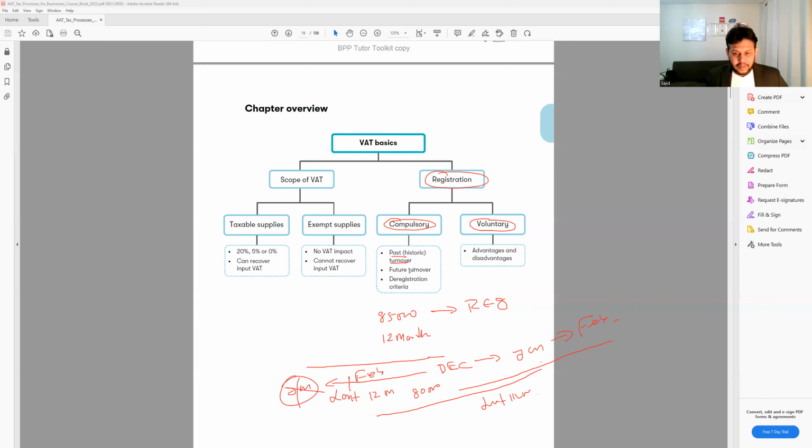The next one is the future turnover, which is quite simple. If I believe that in the next 30 days my turnover will be more than 85,000, not the next 6 months, not the next 2 or 3 months, but the next 30 days.